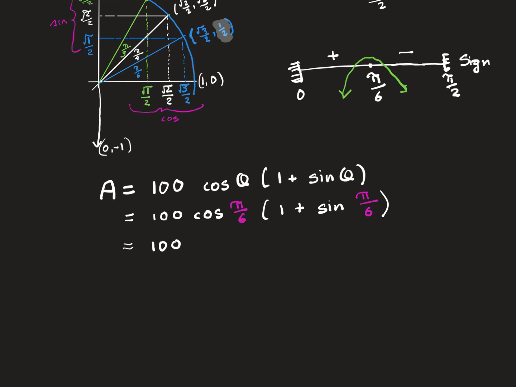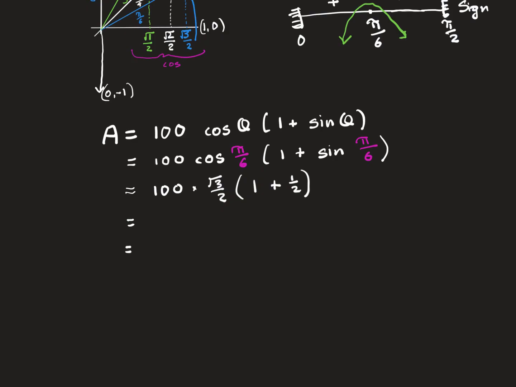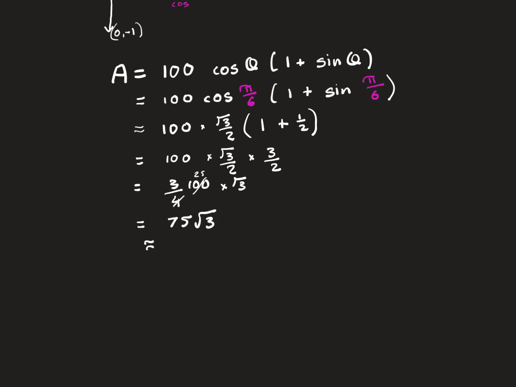So we'll write down times root 3 on 2. And then 1 plus sine pi on 6 is a half, which is 3/4 of 100 times root 3, and that'll give us, which turns out to be about 130 centimeters cubed. So that is our cross-sectional area.